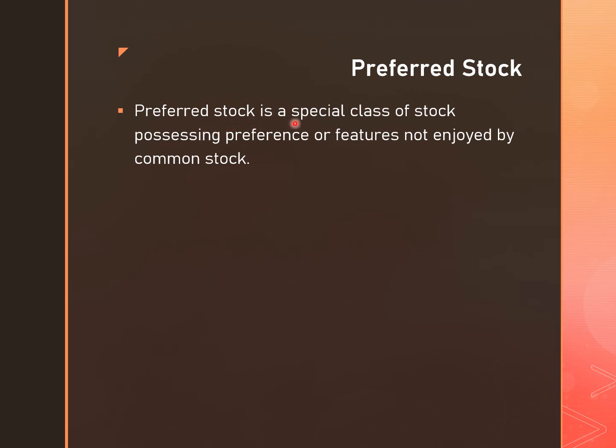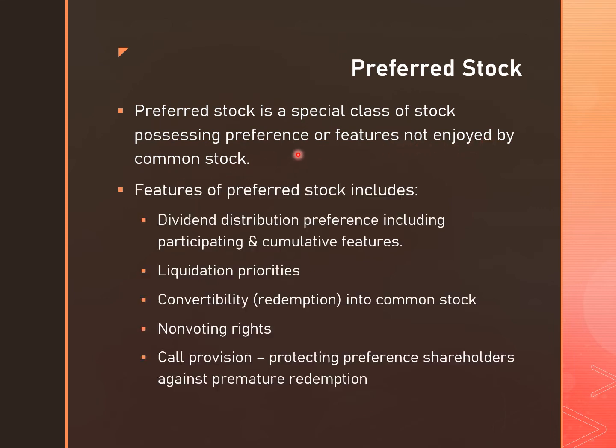Preferred stock adalah special class of stock possessing the preference ataupun features yang tak enjoy by the common stockholders. So these are the features of preferred stock. Dividend distribution dia, including the participating and cumulative feature. Okay, I hope you still remember preference shares punya features.